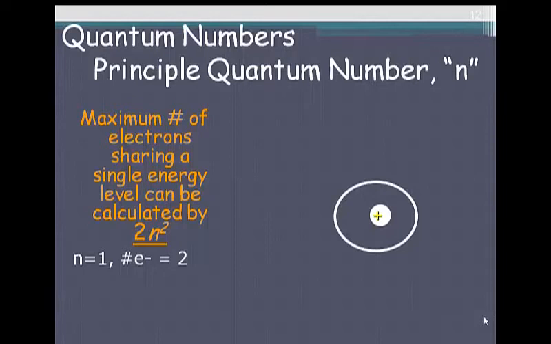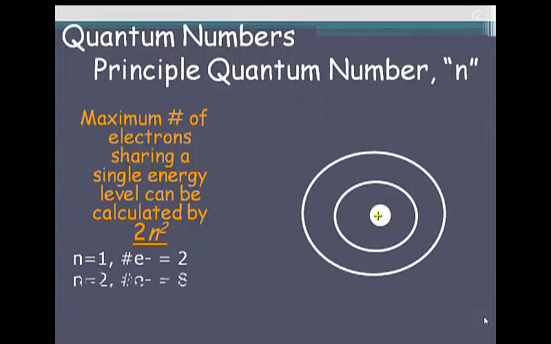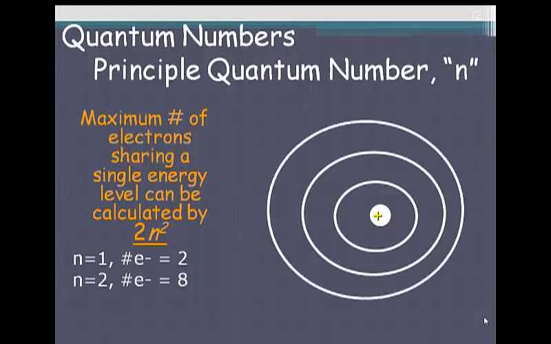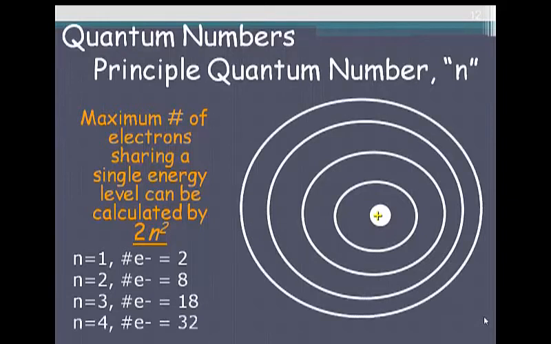In the second energy level, where n equals 2, 2 squared times 2 is 8. So in the second energy level, we can fit a total of 8 electrons. In the third energy level, we can fit 18. In the fourth energy level, we can fit 32. And it just increases from there.